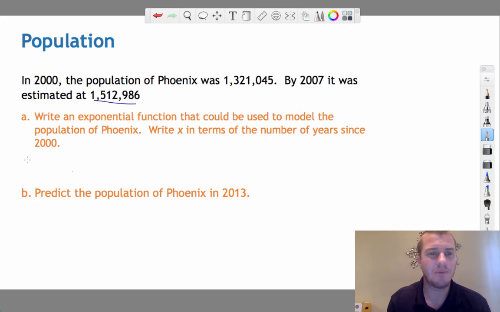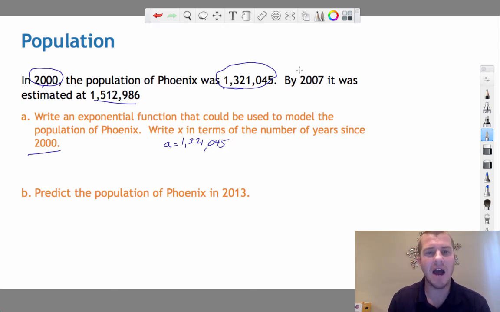That last part is really important because in 2000, this was the population of Phoenix. So that is the starting amount. That is my A, 1,321,045.